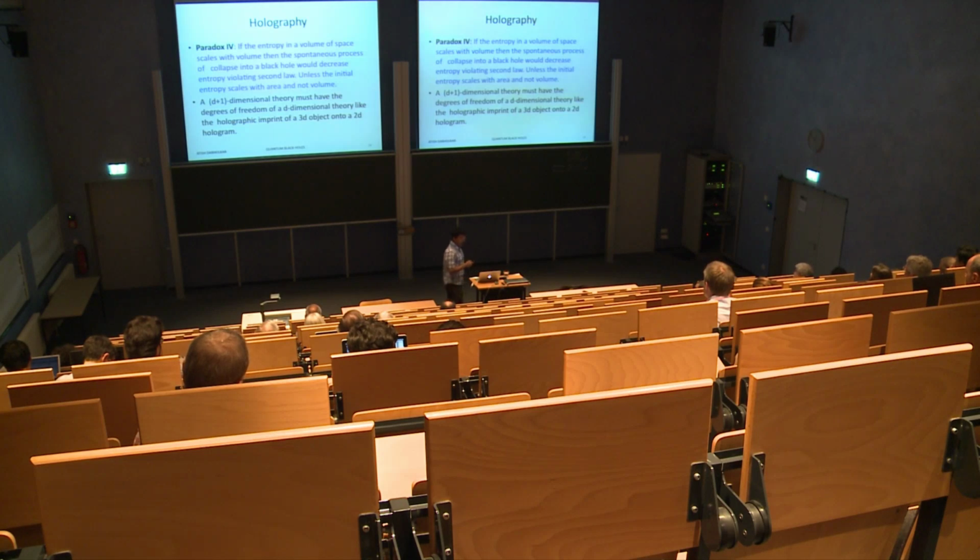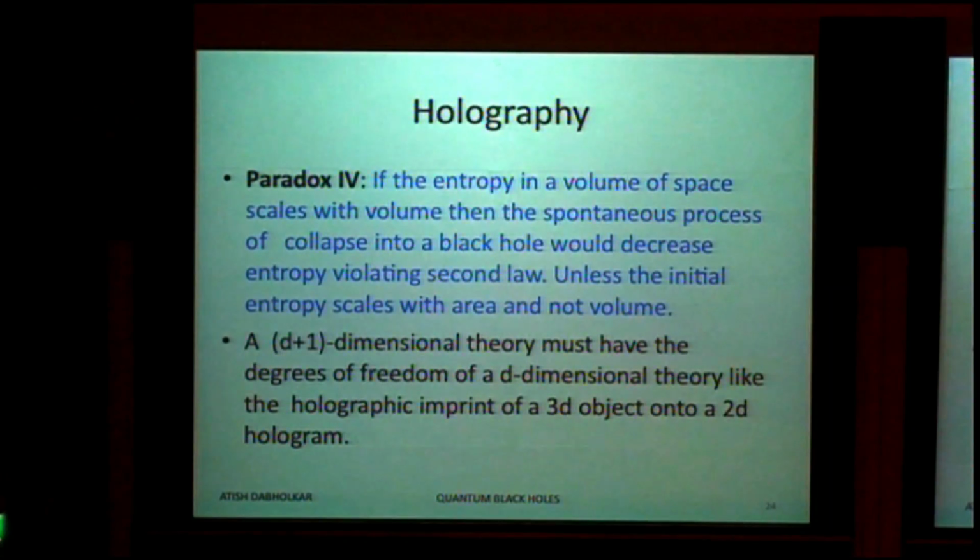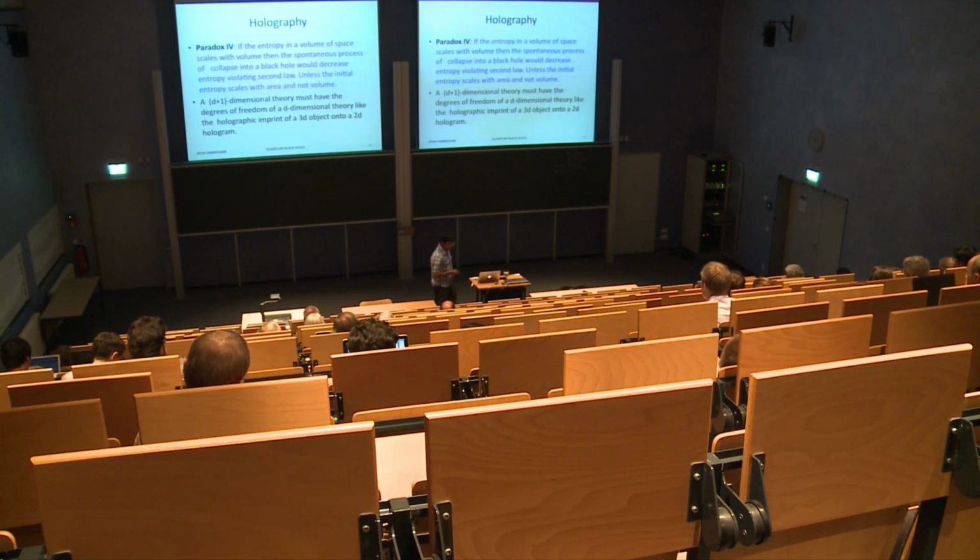And these were heuristic considerations by many people, including Bekenstein, 't Hooft and Susskind, who concluded that a d+1 dimensional theory of quantum gravity must have the degrees of freedom of a d-dimensional theory, much like a holographic imprint of a 3D object onto a 2D hologram. So, are there any questions at this point?